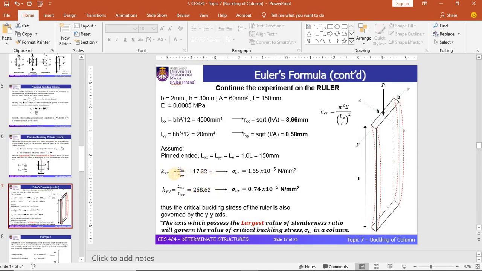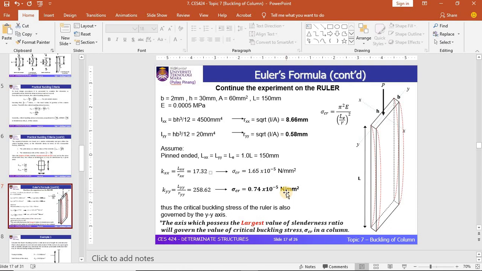Using these values of slenderness ratio, you can further calculate the critical buckling stress. In the x-axis direction, the buckling stress is equal to 1.65 times 10 to the power of negative 5. Meanwhile, in the y direction, the critical buckling stress is equal to 0.74 times 10 to the power of negative 5.